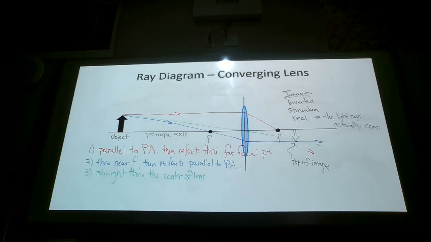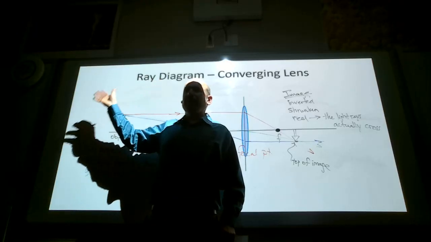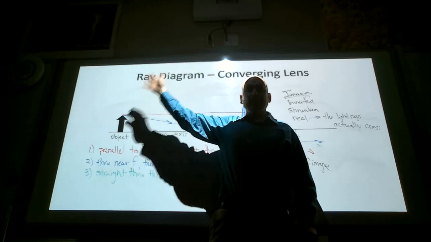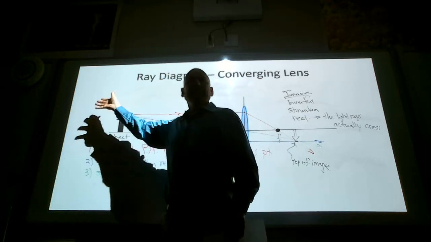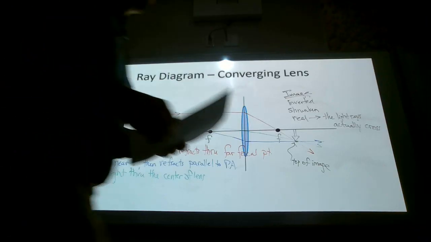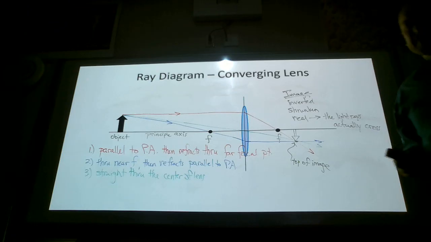If you unfocus your eyes, it goes upside down. Okay, we're good? Okay, that's real. The fact that you can project that, put that on a piece of paper, on a screen, says it is real. Okay?